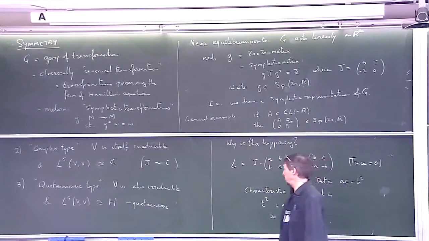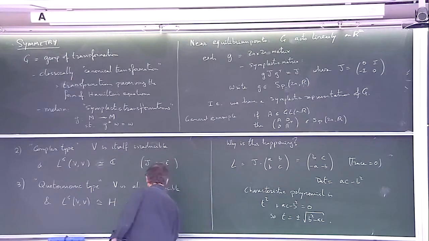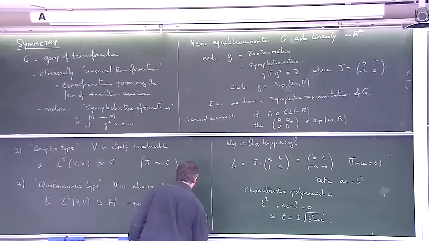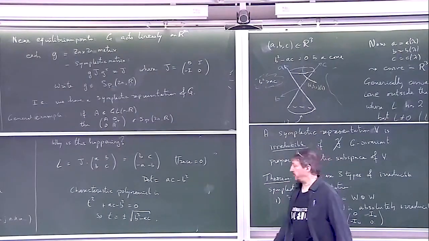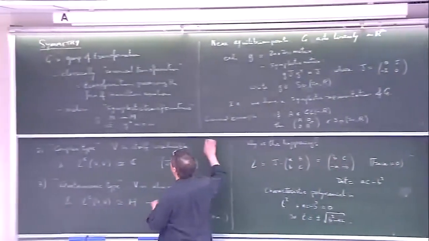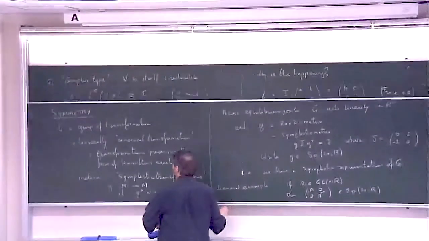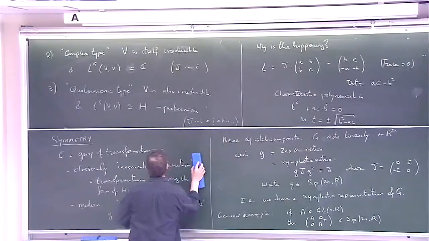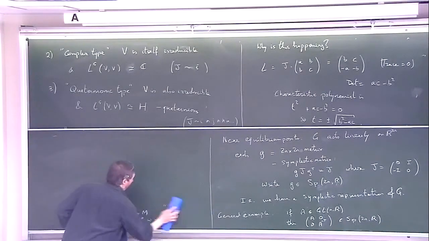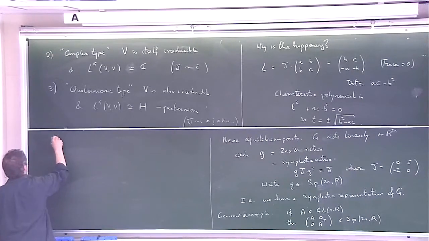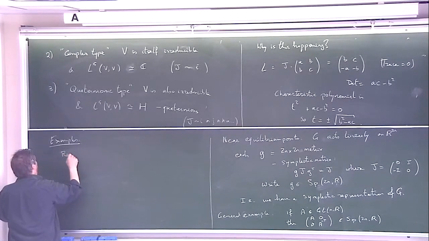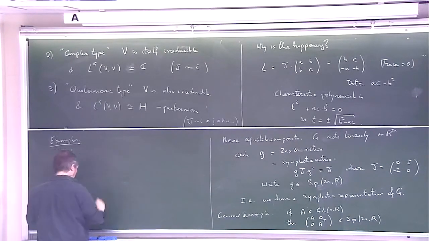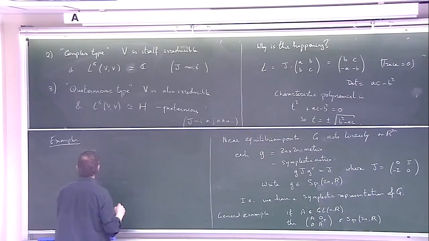But anyway, any one of those will do to be the matrix J. So we have these 3 types of representation. So let's just see a couple of examples. Now let's start with complex.